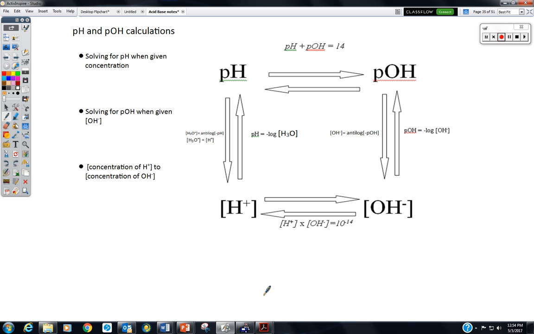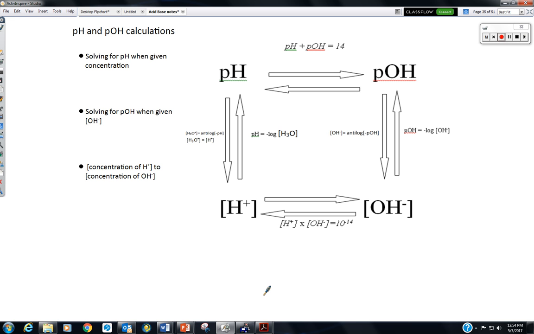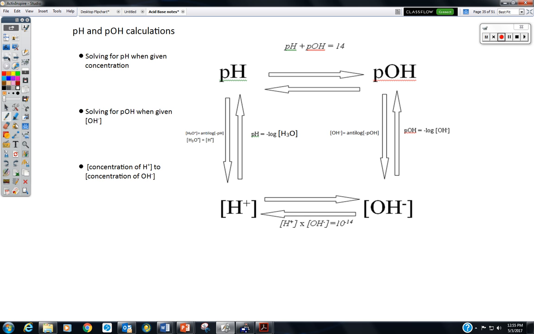So skip that. Let's go to this diagram. This little flowchart diagram, whatever you want to call it, helps us anticipate what calculations we would need to do to make a change from one area when we're given certain information, as far as if we're given information in pH and we need to know pOH.